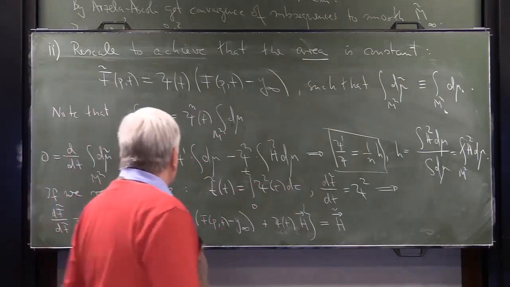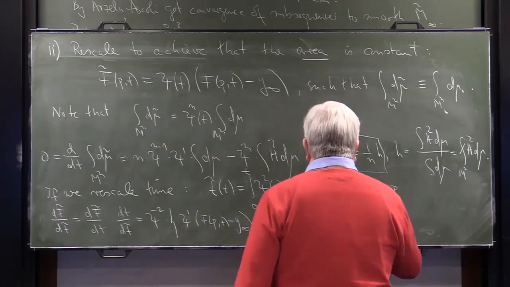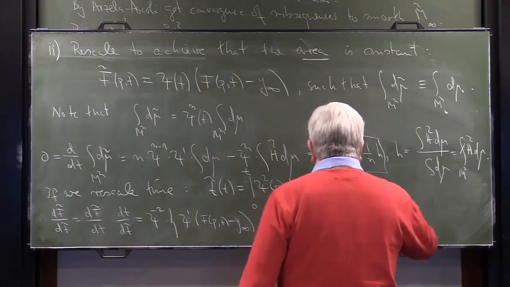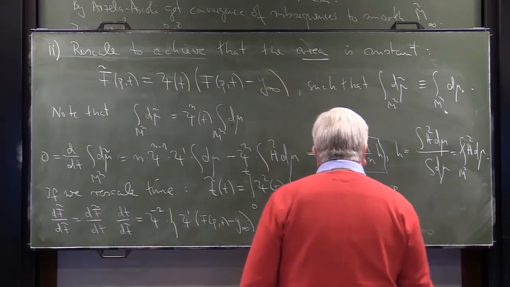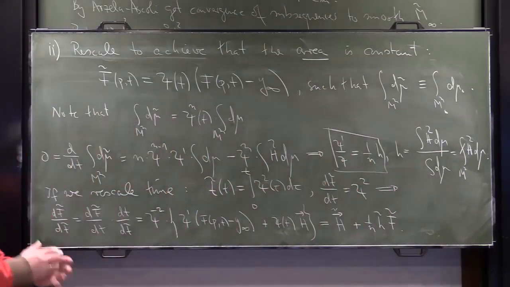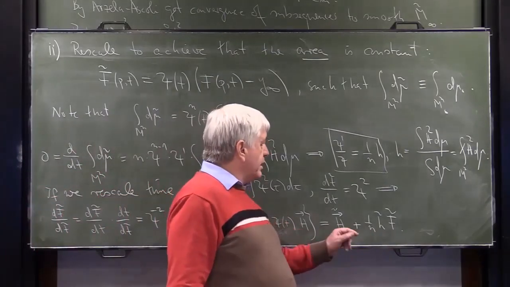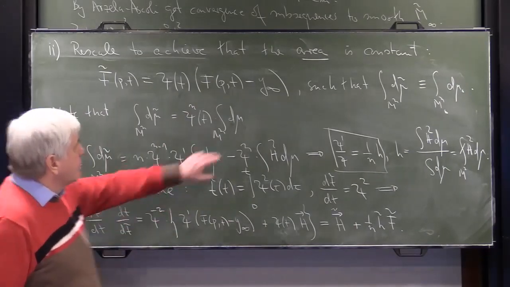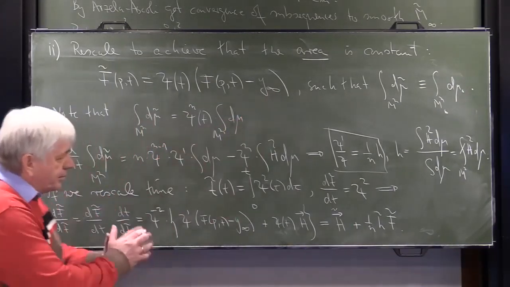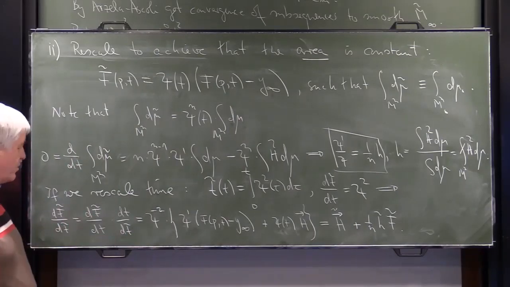Here I get an extra term which represents the rescaling, and this turns out to be exactly this. So you get sort of an extra term pushing out from the center y infinity, sort of rescaling from the point where it contracts to.